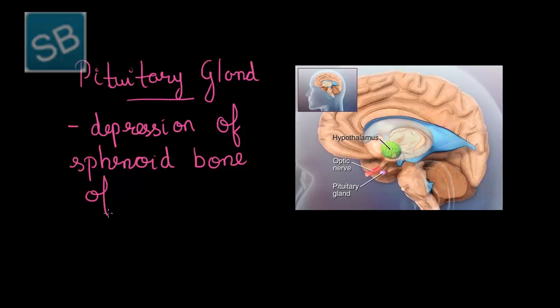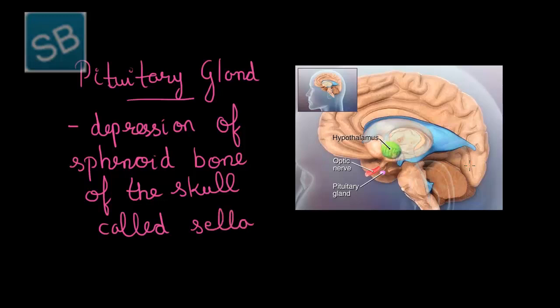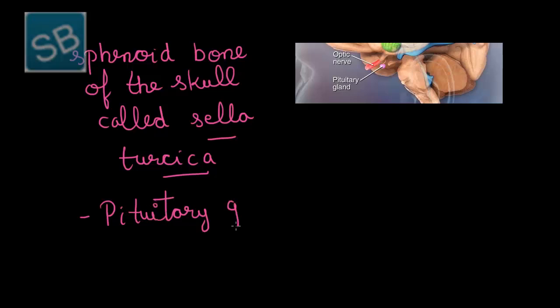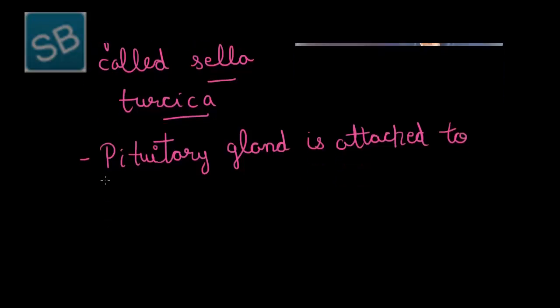of the skull called sella turcica. However, this pituitary gland is attached to hypothalamus by a structure called infundibulum.